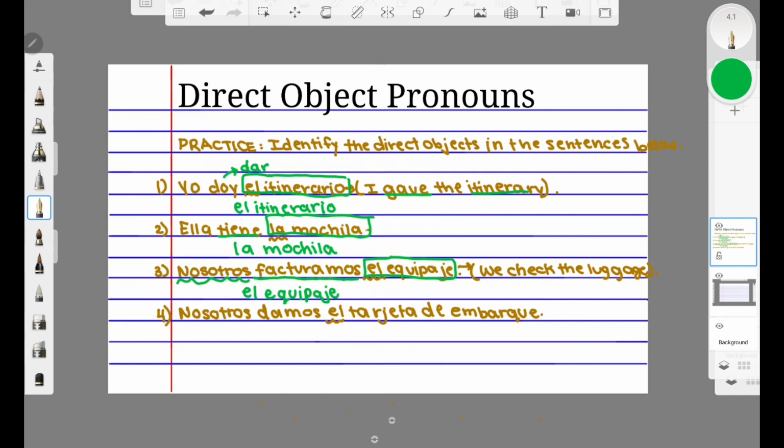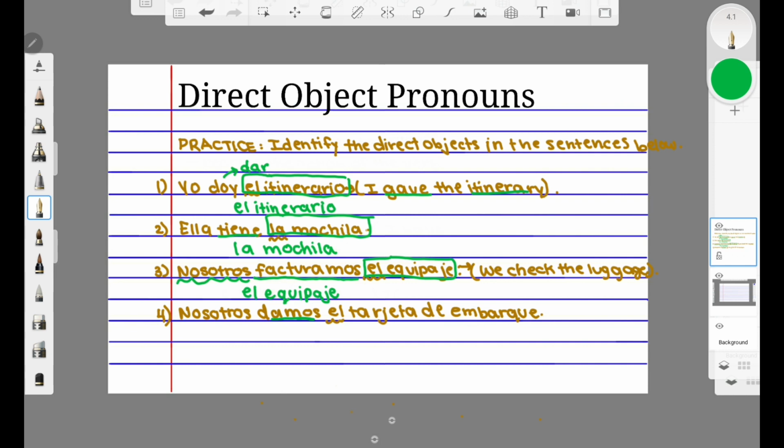Number 4, nosotros damos el tarjeta de embarque. So going back to what I said about the conjugations, it's important that you notice that this amos is just, again, conjugated for nosotros. And so the infinitive form is still dar, which is the verb that we talked about in the very first exercise.